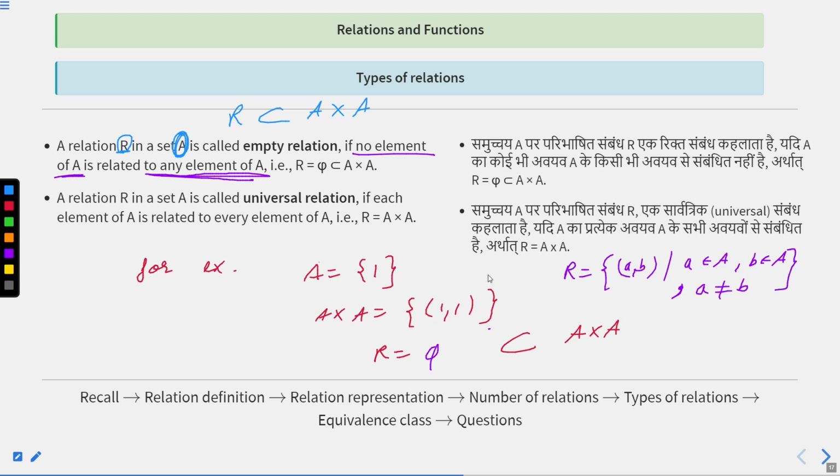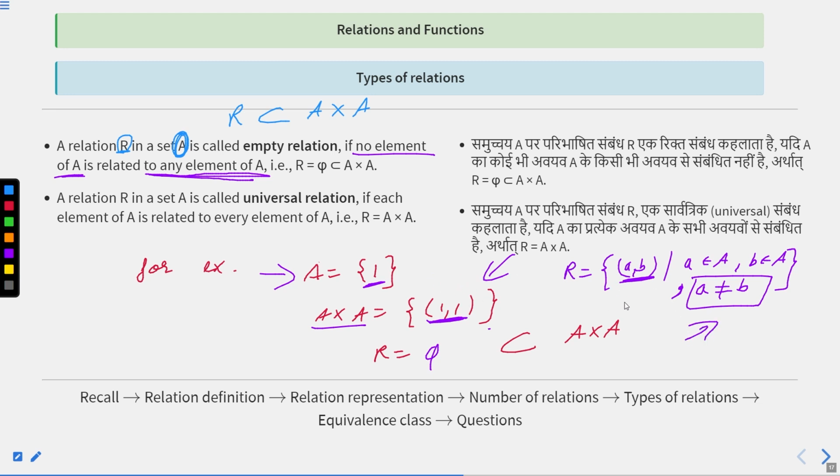For example, if A is just 1 and A cross A is this, write all those ordered pairs which hold this condition. In A cross A we have only one element, and we know that 1 is equal to 1, so we have no other element which satisfies this.